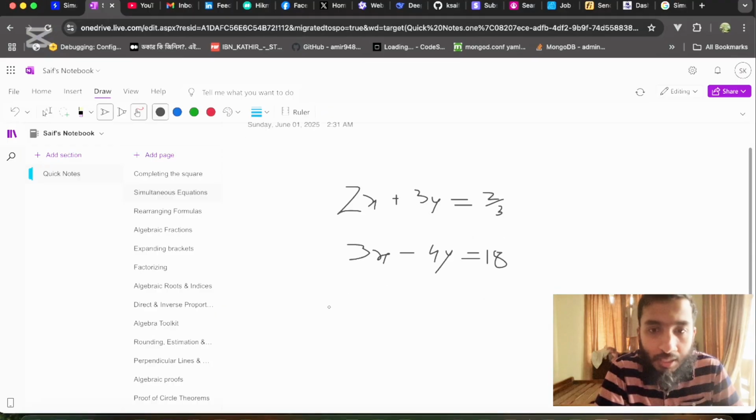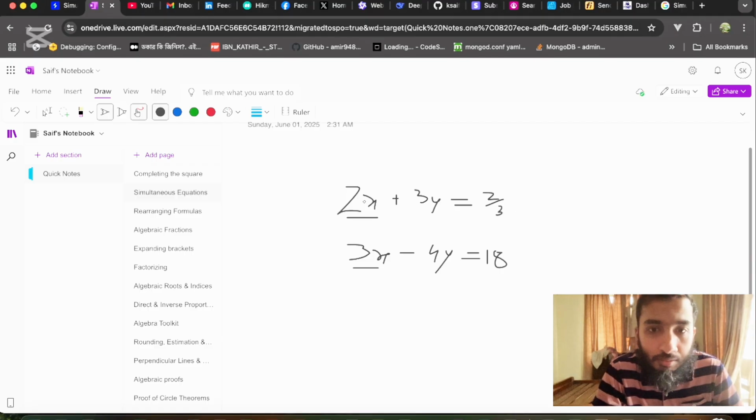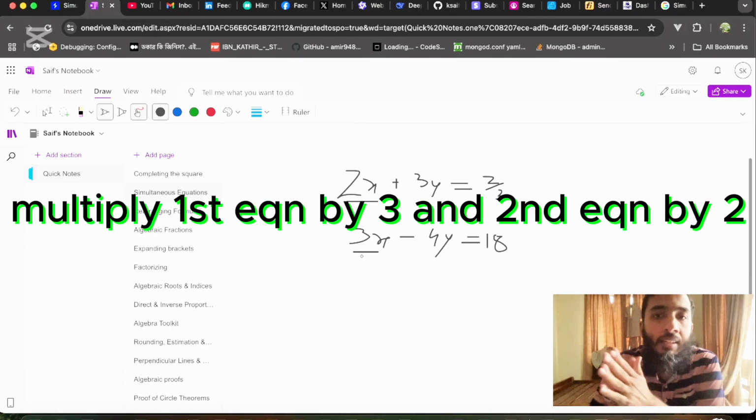Now, as you can see, there is 2x in the first equation and 3x in the second. So what can we do to make both of them the same? If I multiply the first equation by 3 and the second equation by 2, I get 6x in both equations. Then I can compare.